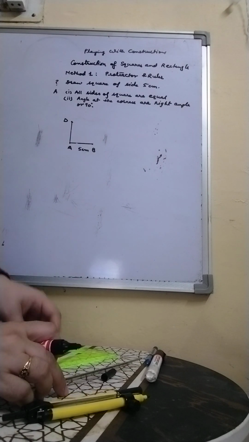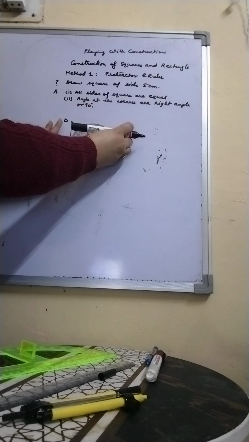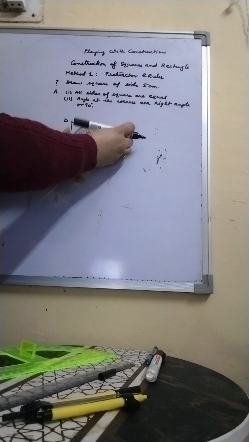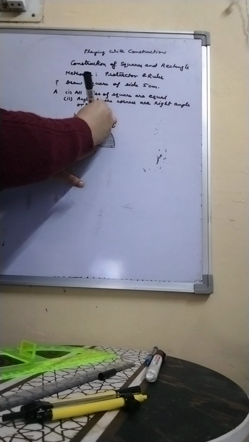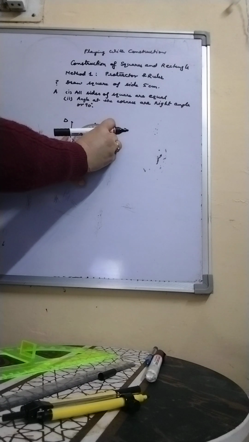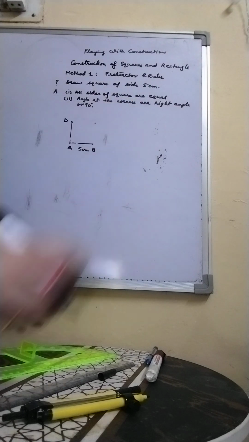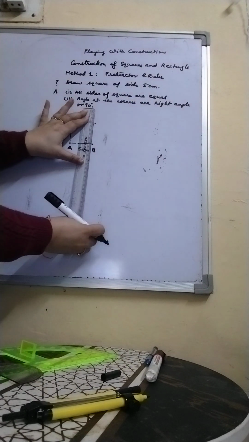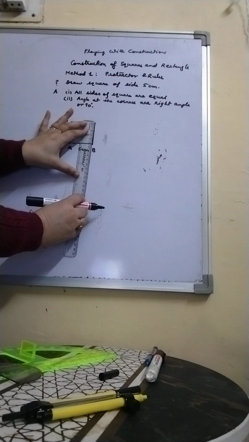Now similarly at B, we would put the protractor and draw the angle. Put the center at the vertex, align with the 0 degree, start with 0 degree and go to 90 degree. So you would get a 90 degree angle, draw the line and mark it at 5 centimeter.